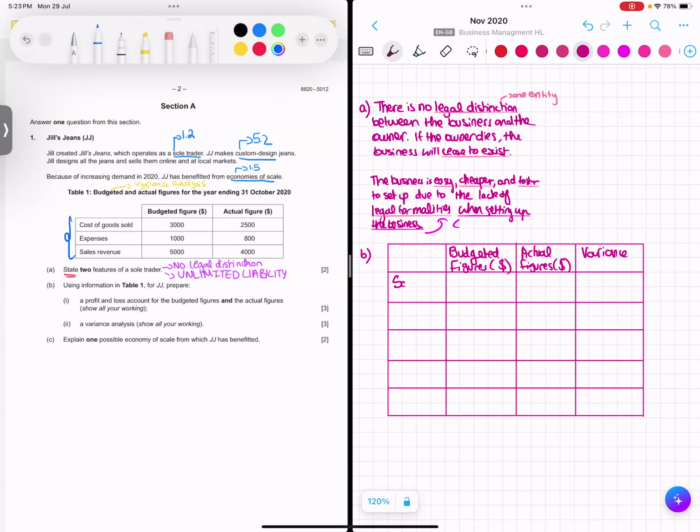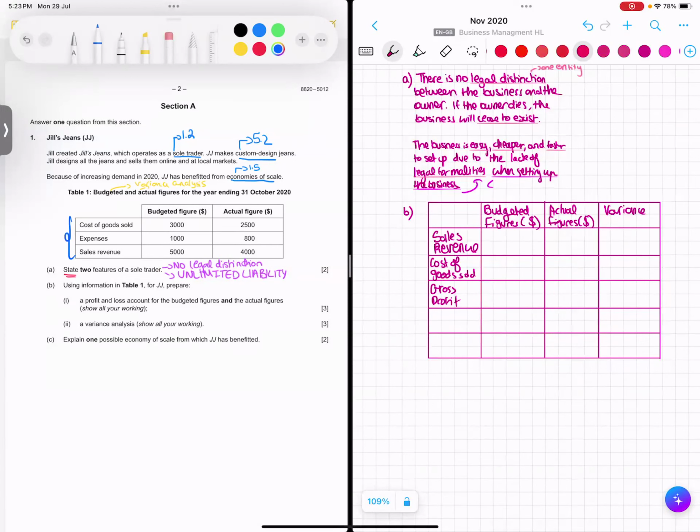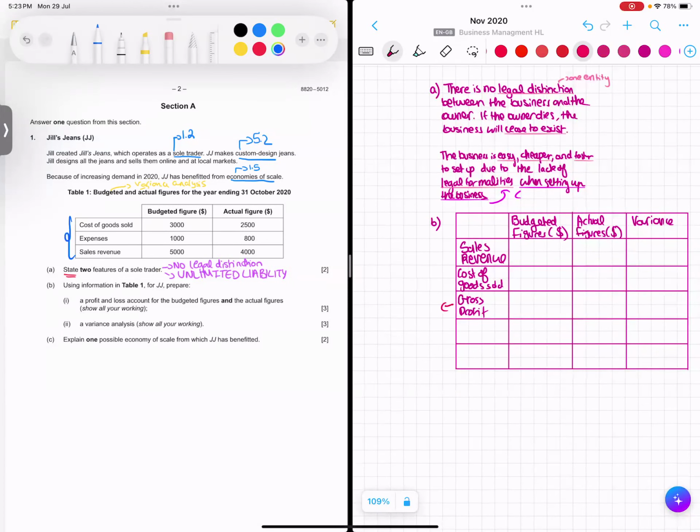So you start off with sales revenue. If you want me to explain, I'm going to explain just a bit. Then cost of goods sold. Then we actually have gross profit, because now I'm going to explain that gross profit is basically sales revenue minus cost of goods sold.